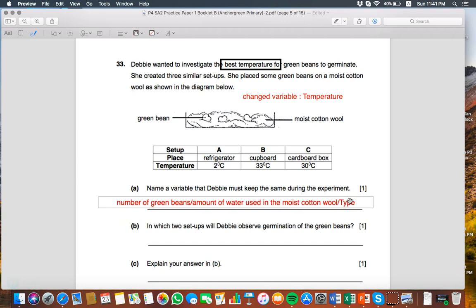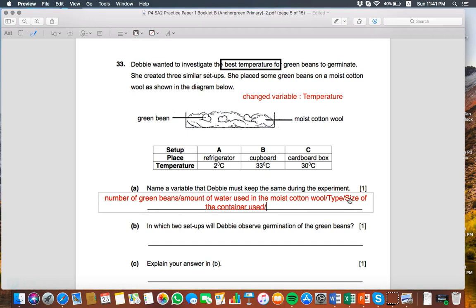The type, or you can say the size of the container used, as well as you can say we have to start the experiment at the same time.